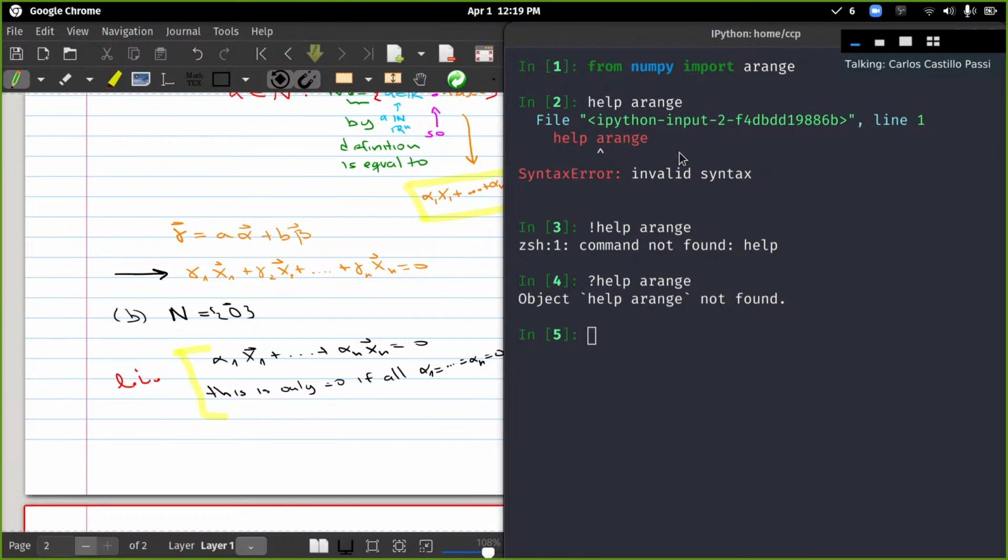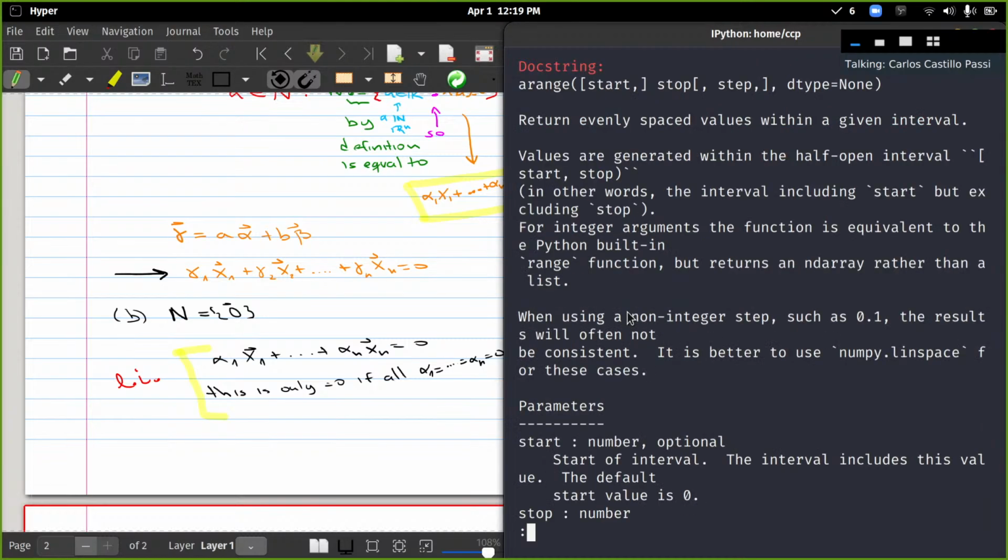Yeah, but the invalid syntax is not because of arange. And I don't think it has double R. Okay, so it was like this. Arange, okay, there it goes. Arange is a function. No, it's with one R. The problem was that I wasn't using the help function correctly.